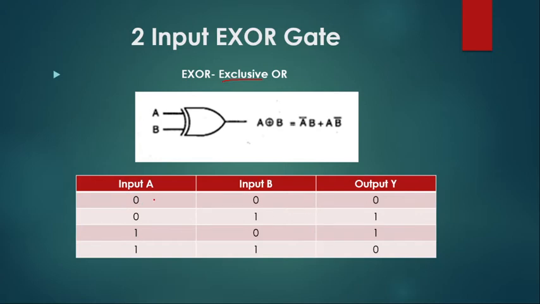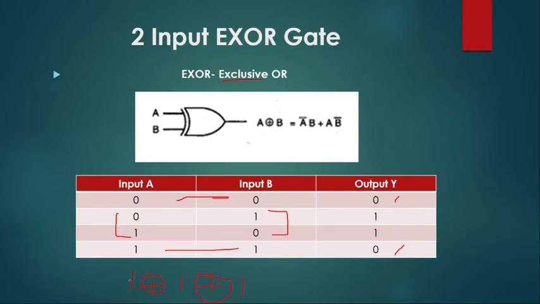If we look at the truth table of the XOR gate, when both the inputs are the same, it gives you 0. If both the inputs are different, it gives you 1. But it also depends upon the odd number of inputs, like if I do 3 ones, 1 XOR 1 XOR 1.